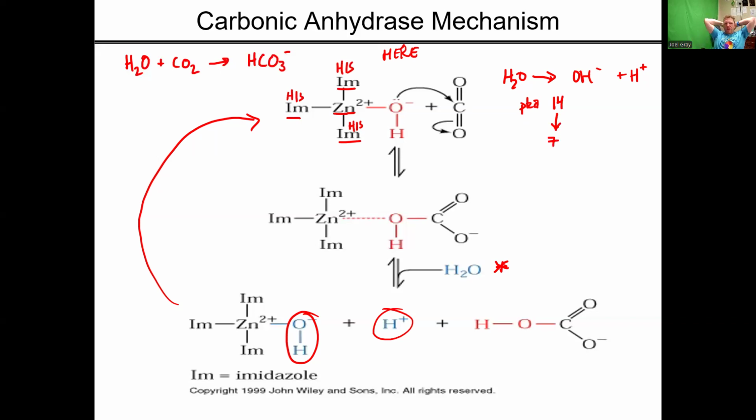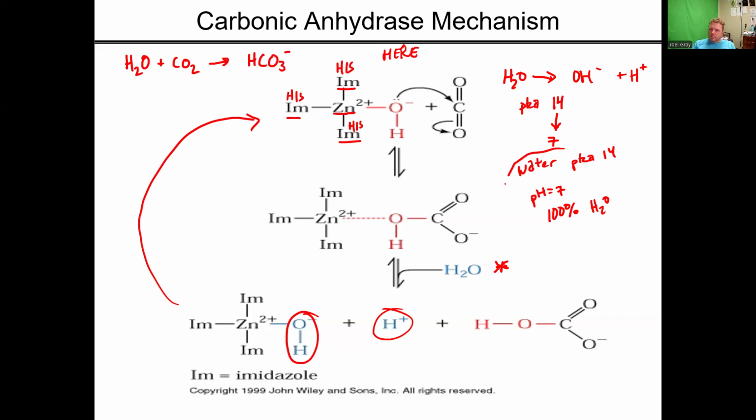Now, that's the sort of thing you might be having trouble wrapping your mind around. The way I always like to think about this is water with a pKa of 14, if it is in a solution with a pH of 7, essentially 100% of water molecules will exist as H2O.